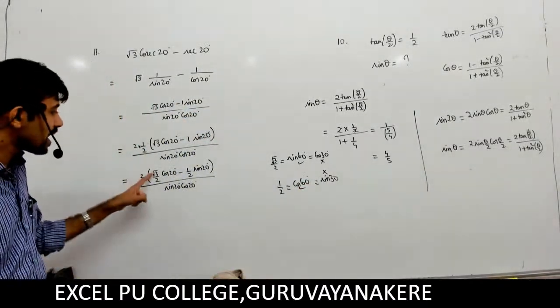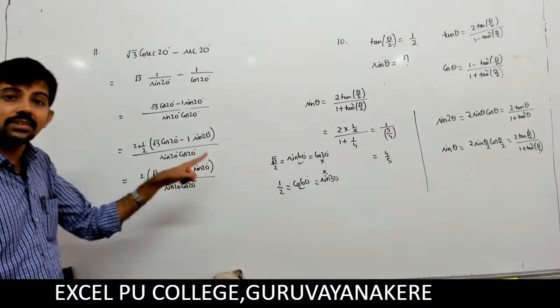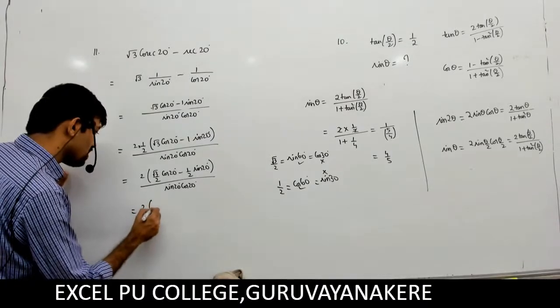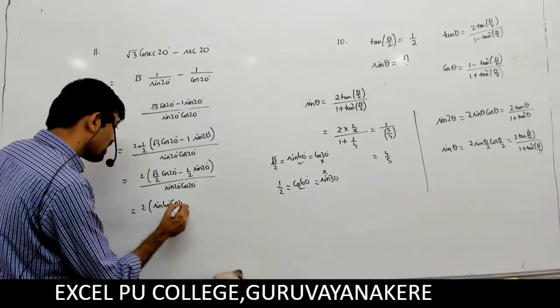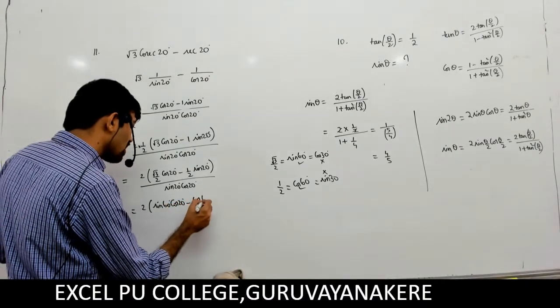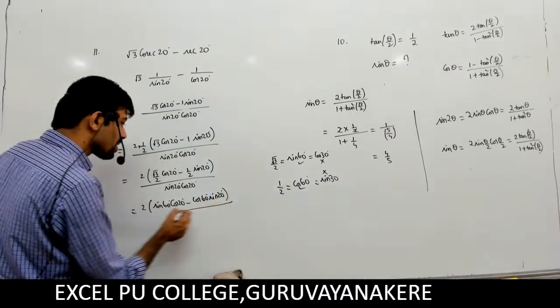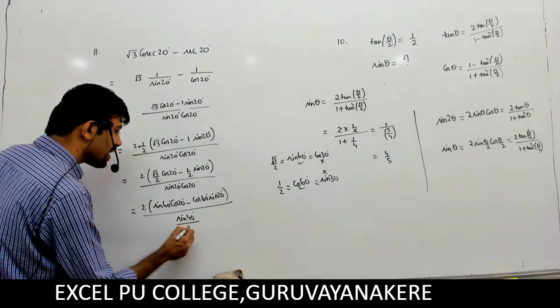So that makes sin A cos B minus cos A sin B, which is sin of A minus B, right? For that, this is 2 into sin 60 degree cos 20 degree minus cos 60 degree sin 20 degree, divided by sin theta cos theta. Here I am applying the formula: sin theta cos theta is sin 2 theta divided by 2.